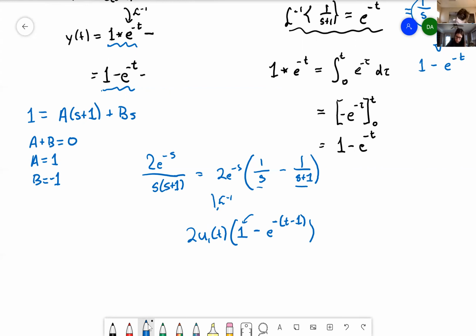So then what I should get here is minus 2 times, writing it in the notation that WeBWorK likes, 1 minus e to the minus (t minus 1).